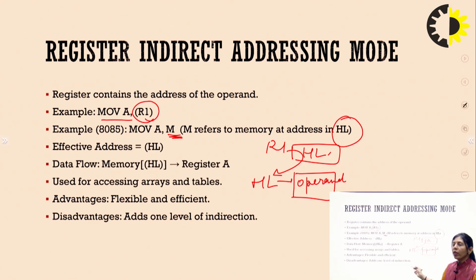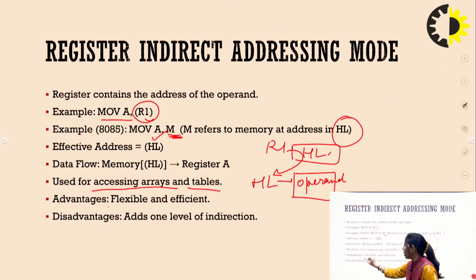From there, we can bring the value to the register A or the accumulator that is asked for in our instruction. Basically, it is used for accessing arrays and tables. We can access any index value of the array, and we can have a lookup table so that we can reach any particular row and column value.